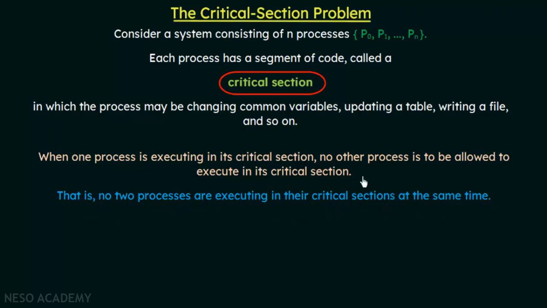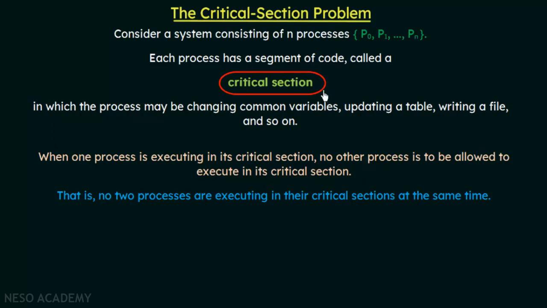When we discussed process synchronization in the previous lecture, we took one example and saw that when two different processes are simultaneously trying to manipulate a shared variable, we ended up with inconsistent data. In order to avoid that, we are going to make use of the critical section.